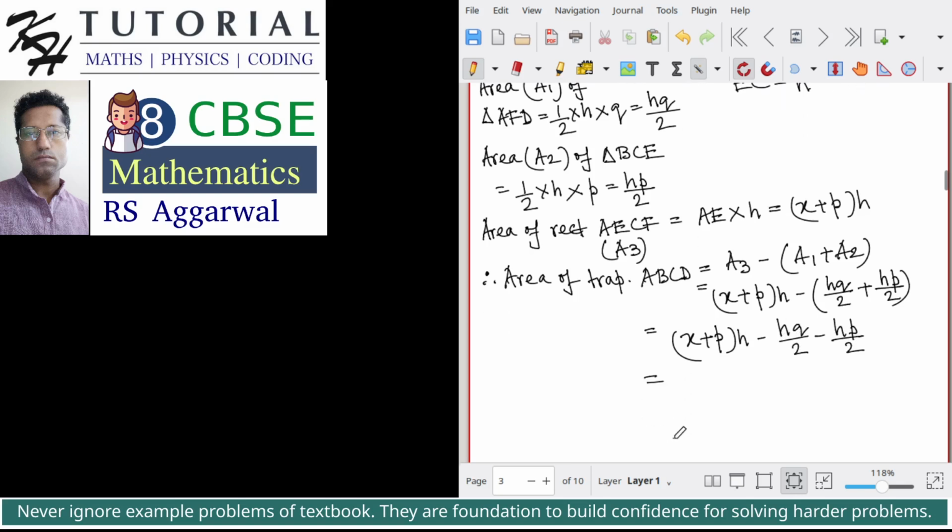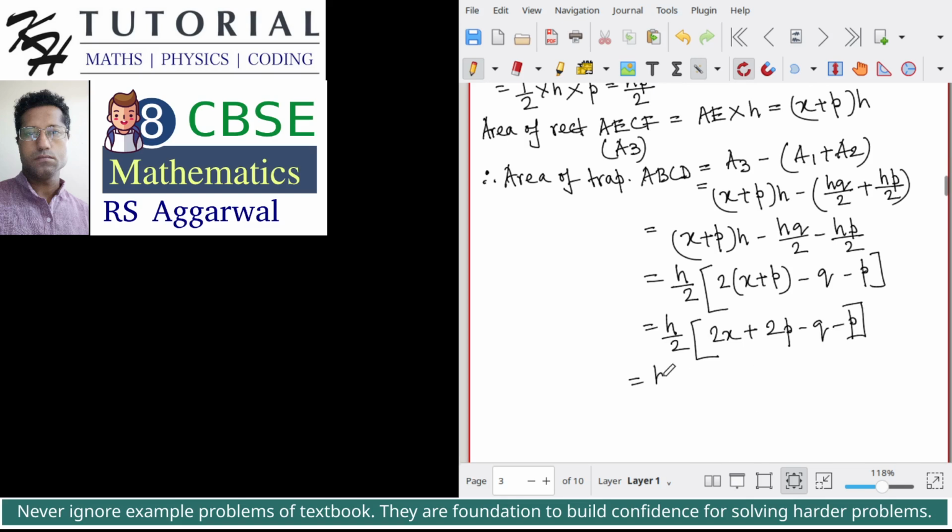From here, if I take H by 2 as common, we have twice of X plus P minus Q minus P. This is equal to H by 2 multiplied by 2X plus 2P minus Q minus P. This is equal to H by 2 multiplied by 2X plus P minus Q.